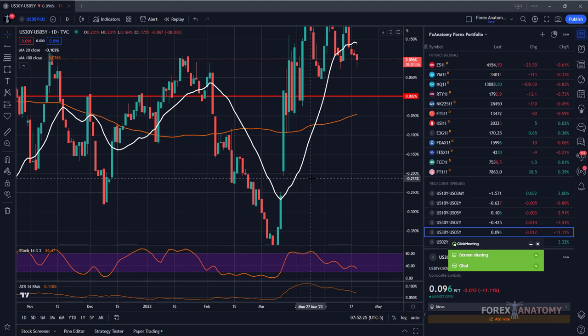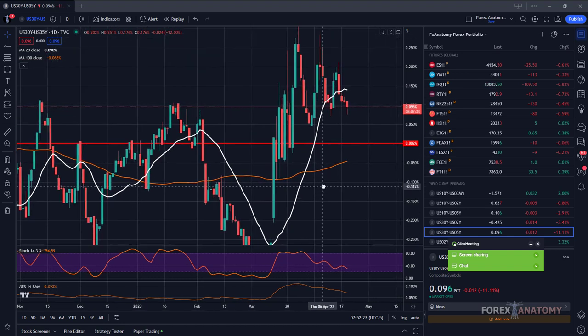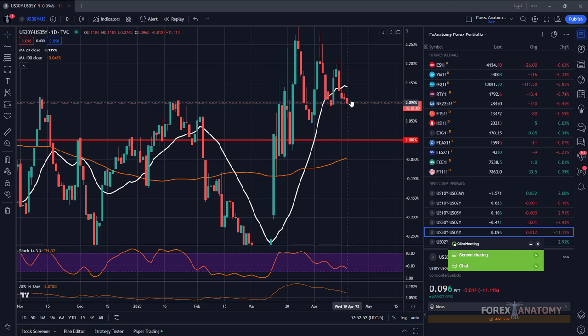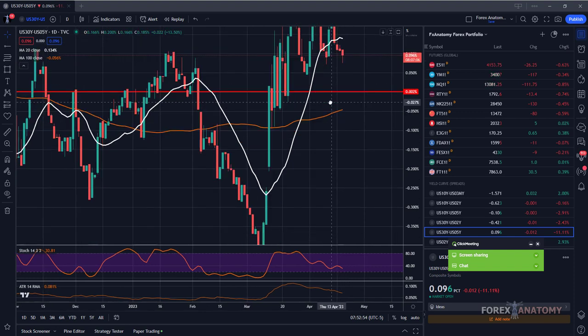But what's interesting is this 30-year, 5-year trade is in positive territory. It's not inverted; it's steepening, moving in its pretty much normal structure, where you have a higher premium offered on the long end of the curve versus the short end. So there's a higher interest rate on the 30-year compared to the 5-year.